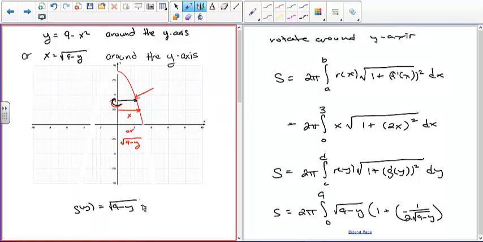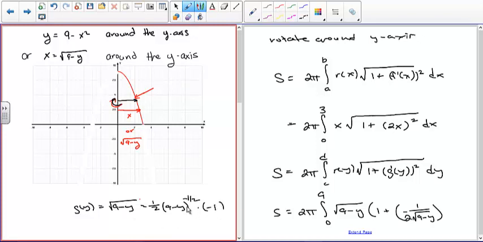If you use the chain rule, the derivative of this part is going to be 1/2, because you're to the 1/2 power, times 9 minus y to the minus 1/2 power. So you subtract 1 from the exponent, and then you multiply by the derivative of the argument, which is just negative 1.